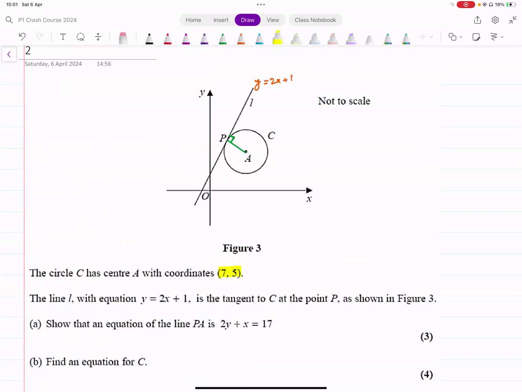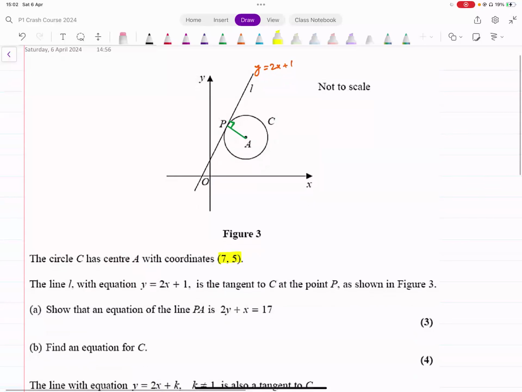How do you find the radius of the circle? We don't have the radius given. Any idea about that? Radius equals the length of PA. But how do you find the length of PA?